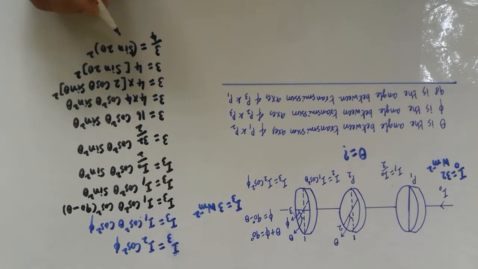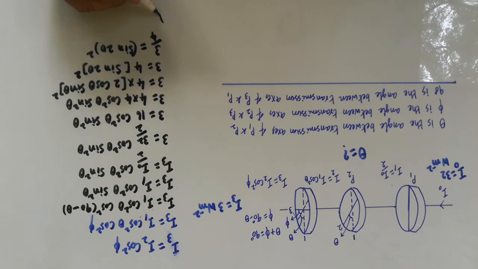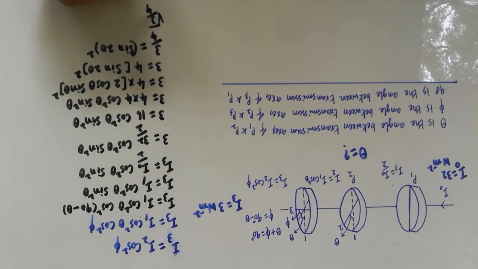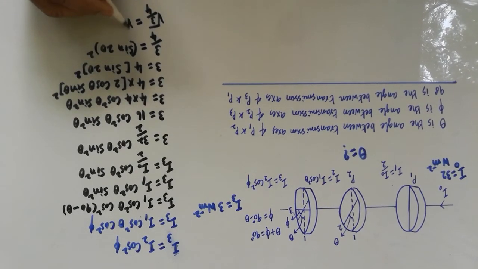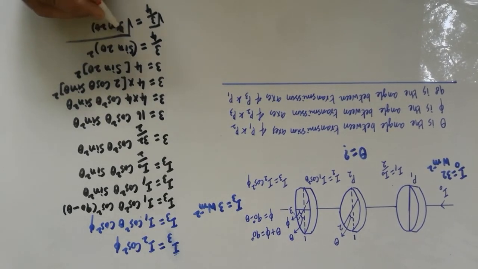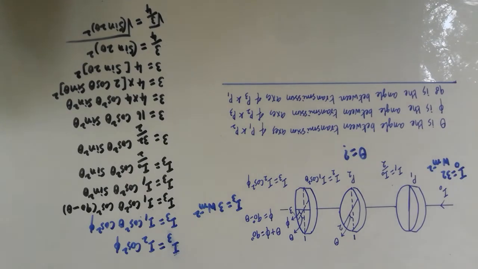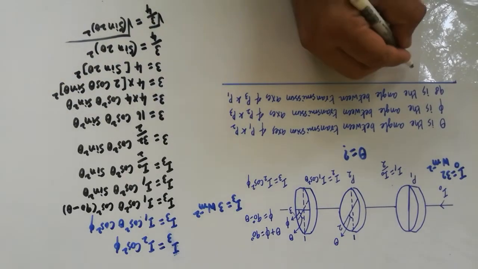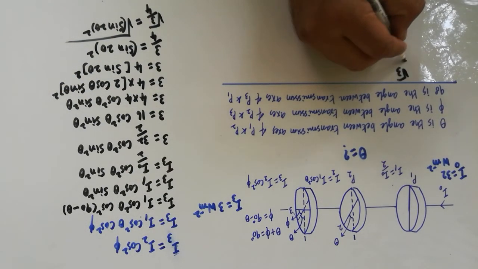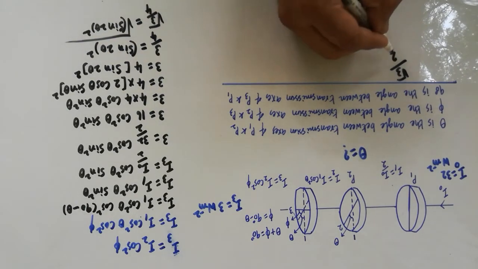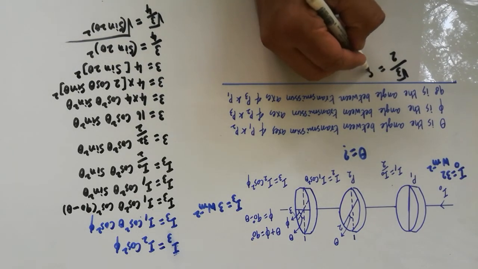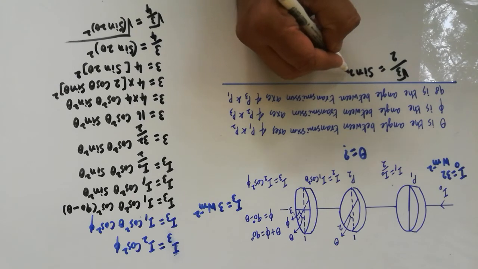Here take square root on either side. Square root of 3 by 4 is equal to square root of sin 2 theta whole square. Are you clear? After taking square root, that becomes root 3 by 2, which is equal to sin 2 theta.